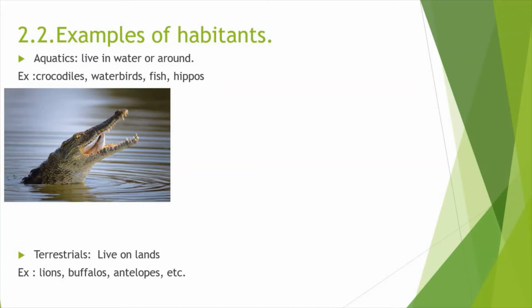Besides this, we have also animals which are terrestrial. This means the animal is likely to live on the land. For example, we say lion, buffalo, antelope.